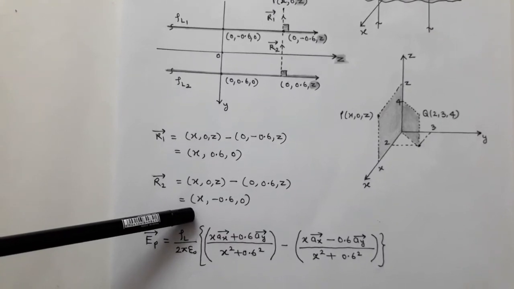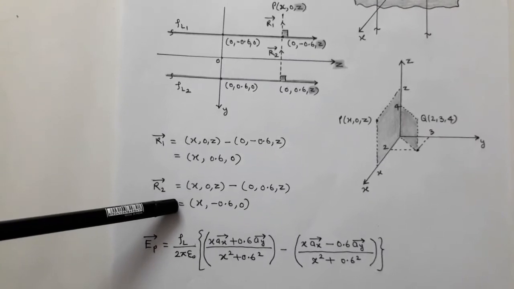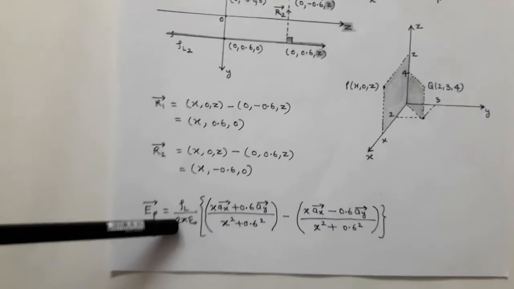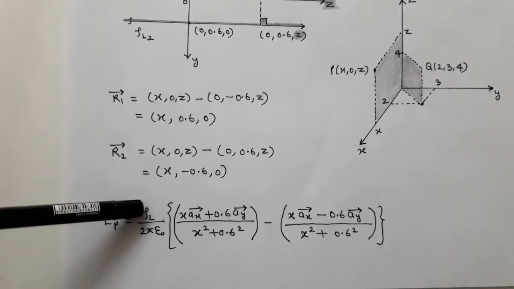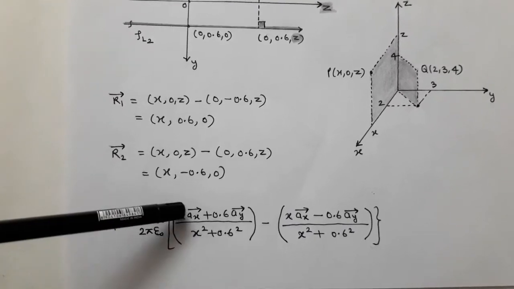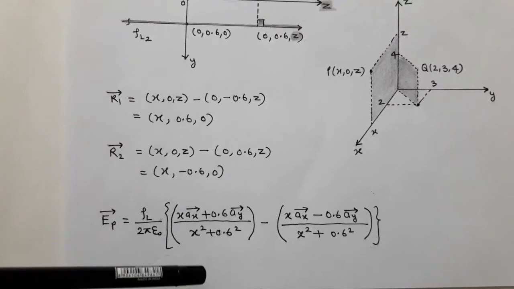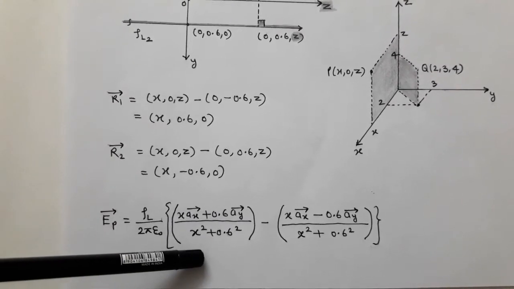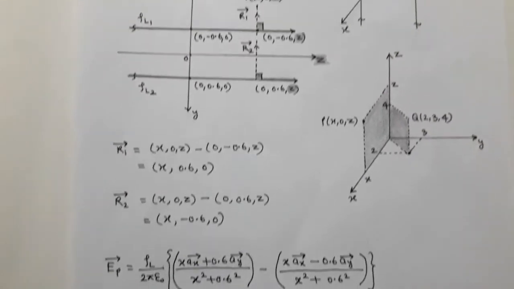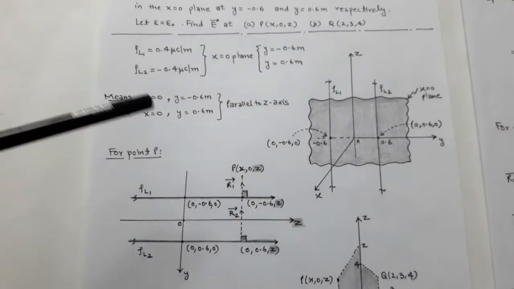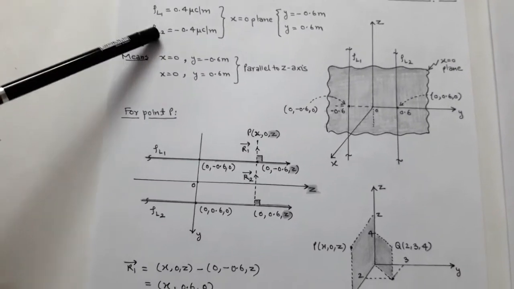So after determining the distance vectors R1 and R2 with respect to rho L1 and rho L2, we put them in the formula for electric intensity due to an infinite line, that is rho L upon 2 pi epsilon naught upon its magnitude square. Since here the two line charge densities are given, first is positive, that is 0.4 microcoulomb per meter, and second is negative, minus 0.4 microcoulomb per meter, the electric intensity at point P due to these two line charge densities is the summation.